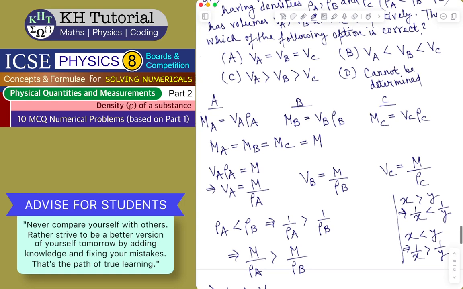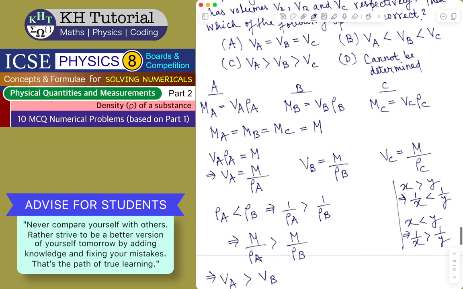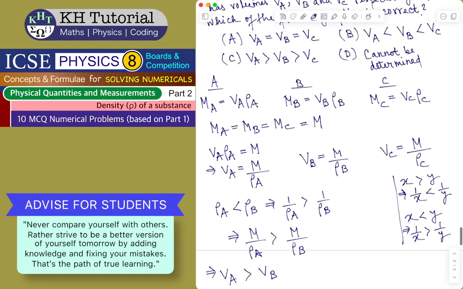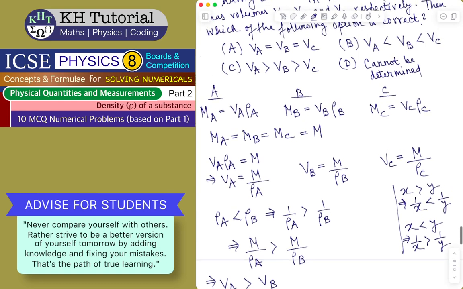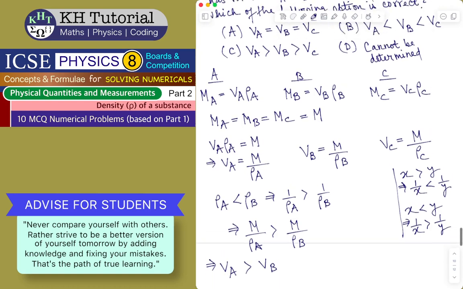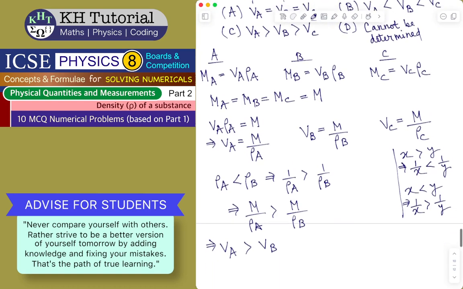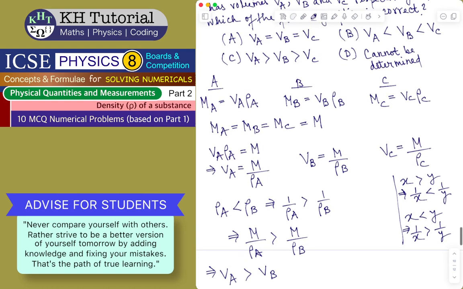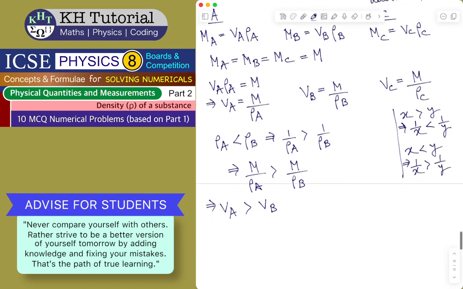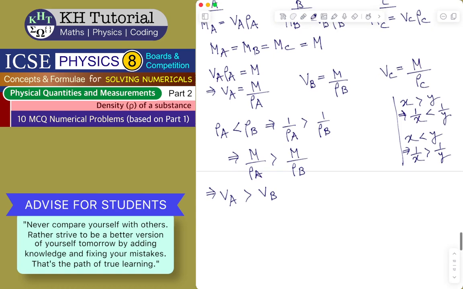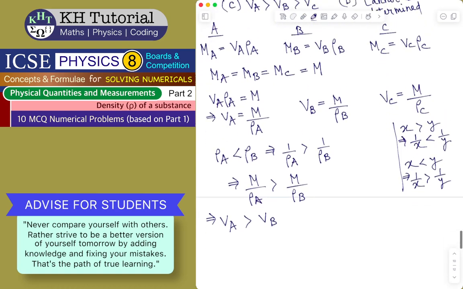Now, right away, I can say that choice C is the correct choice, because choice A says VA is equal to VB is equal to VC, which is incorrect because we have found that VA is greater than VB. Choice D is also incorrect, and choice B says VA is less than VB, which is incorrect. Now I will also check whether VB is greater than VC or not.